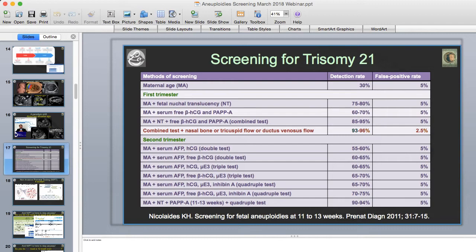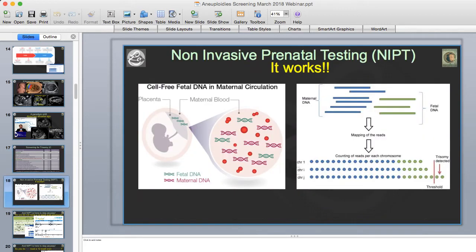The argument against this kind of screening of the combined test is that we now have a test that works better, and this is NIPT, or non-invasive prenatal testing. It is based on the fact that placental DNA fragments from the placenta go into maternal circulation, and the laboratory is able to test it and try and find out whether there is trisomy 21 or not.